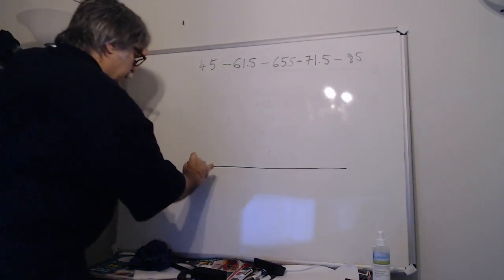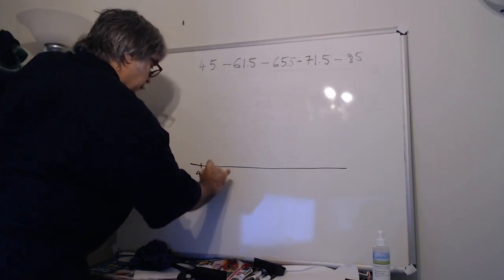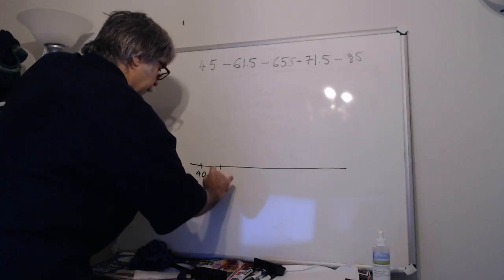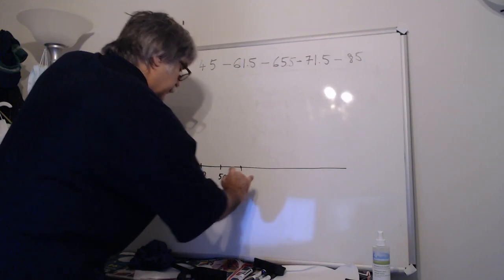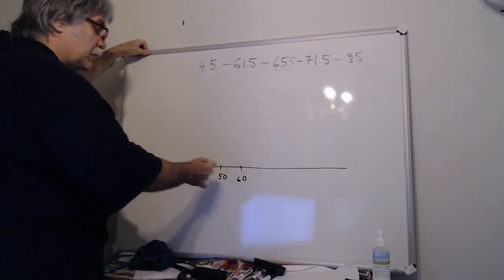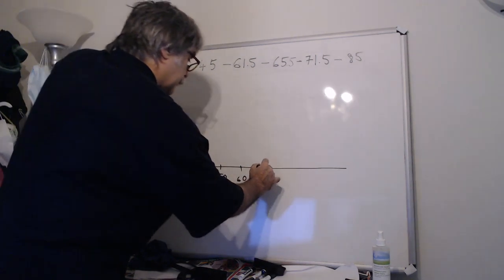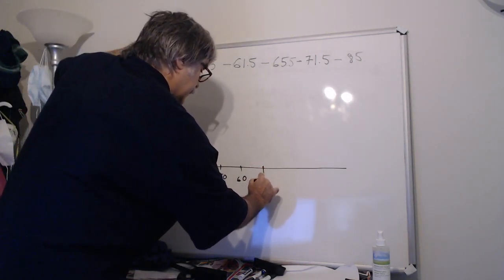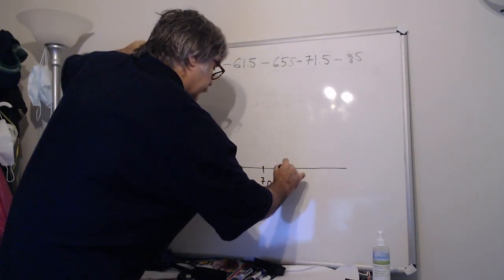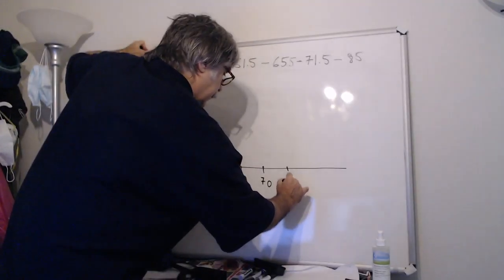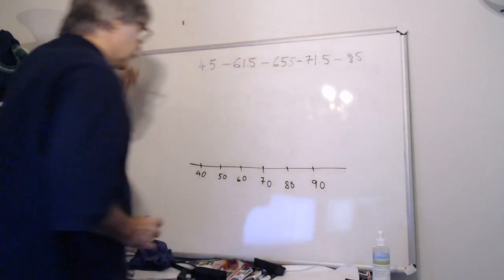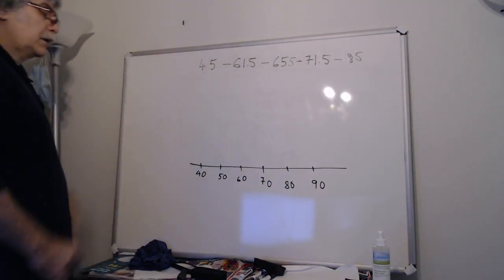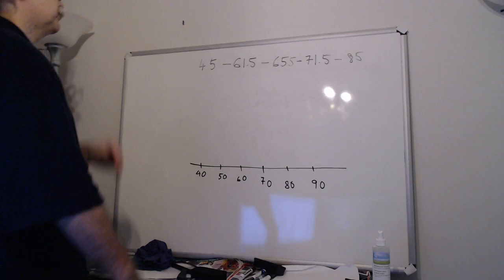So I want to start with 40, and then I would have 10 here to be 50, another 10 to be 60. Try to be careful so this is the same 10 in both line segments. I have 70, I would have 80, and I would have 90. And I don't need to go any further. Of course, you can write from 0 to 100, but there is no need for that.